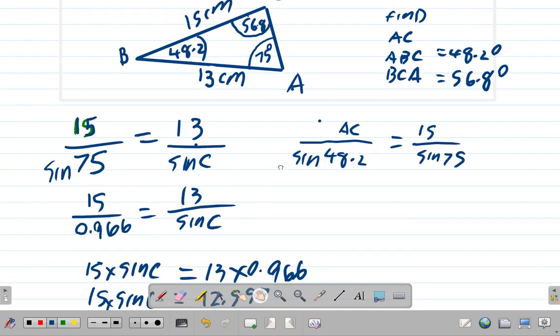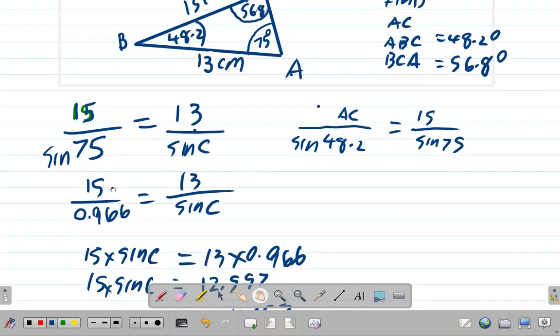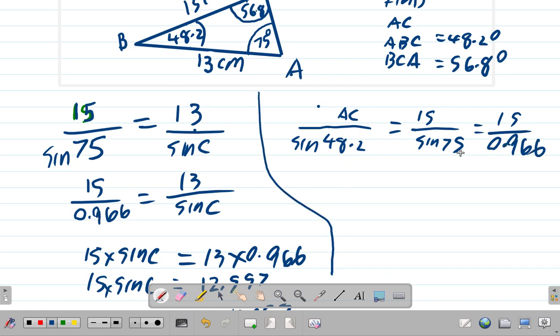So here now, we had done a calculation before, 15 over sine 75. Sine 75 is 0.966 from the previous work we did. Remember that. Let me divide up the board.